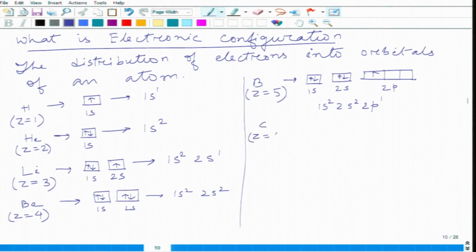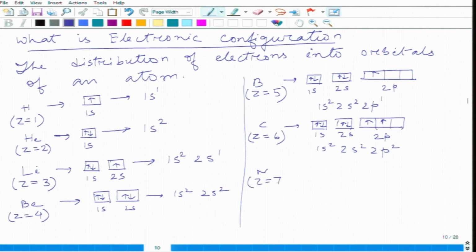Next is carbon with atomic number 6. In the 2p orbital, we have seen according to the Pauli exclusion principle and Hund's rule that we will first have to fill up the single electrons. So the second electron will be filled like this: 1s2, 2s2, 2p2.